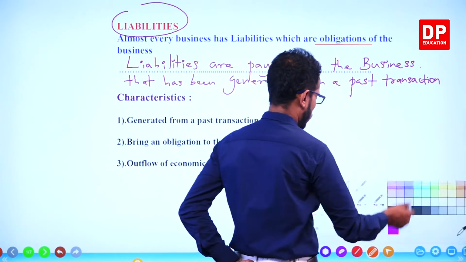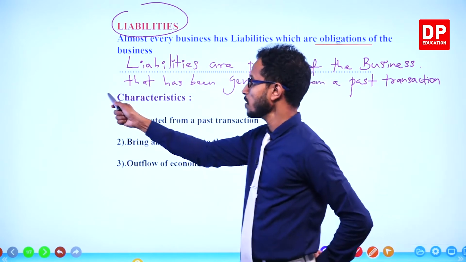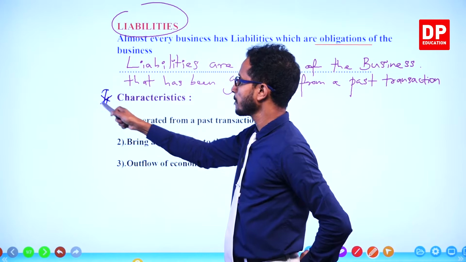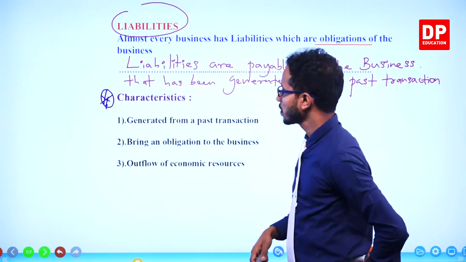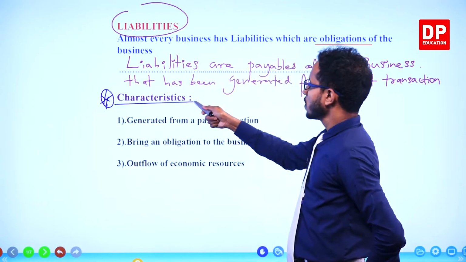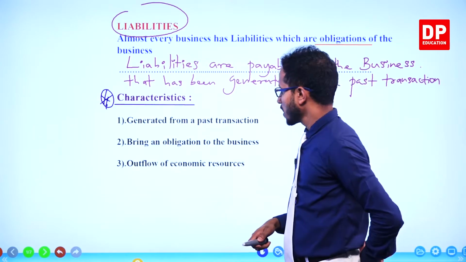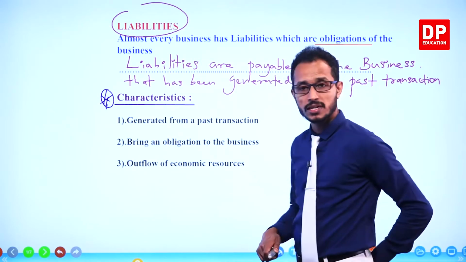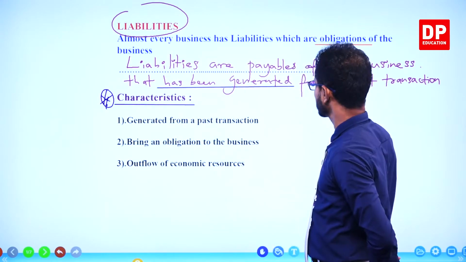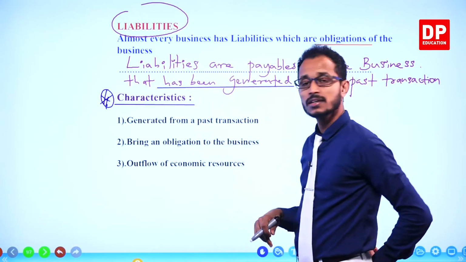Children, let's find out the characteristics, shall we? Characteristics. Generated from a past transaction. It's right here. Liabilities are generated from a past transaction.